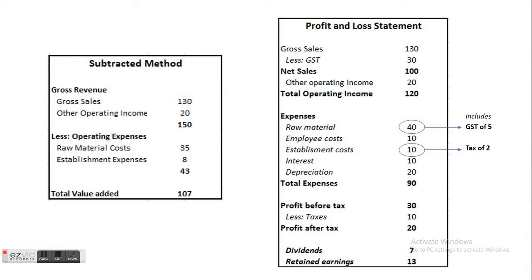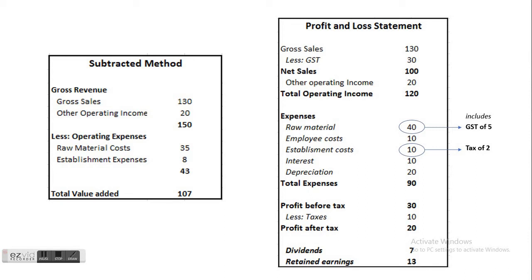And from this number, we'll subtract the operating expenses, which are the raw materials, net of GST, and the establishment costs, net of taxes. This comes out to be 35 and 8, which is 43. So the value added comes out to 107.